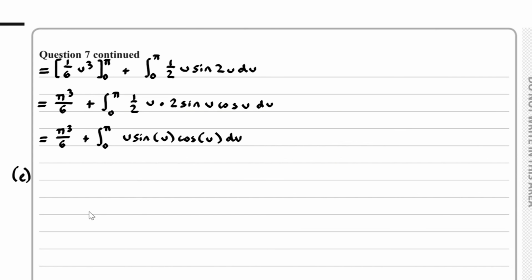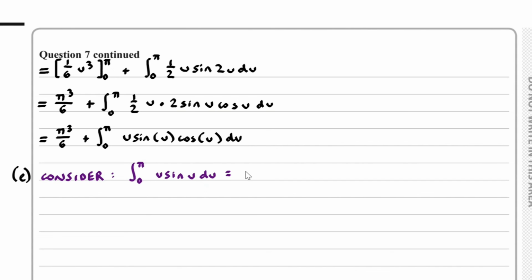If we were to consider the integral from 0 to pi of u sine u du, we can find out what this is by integration by parts.